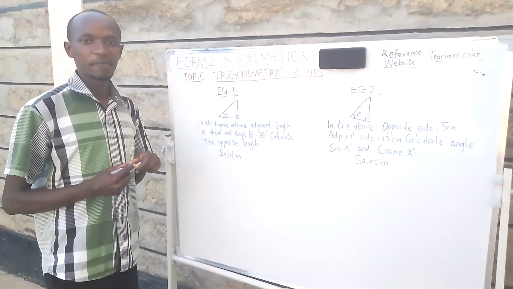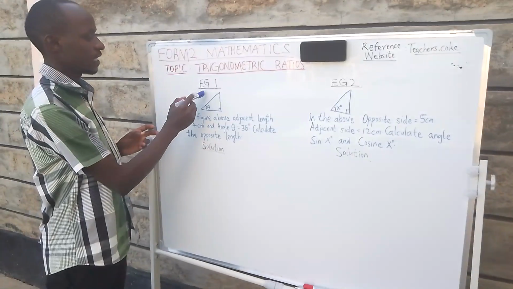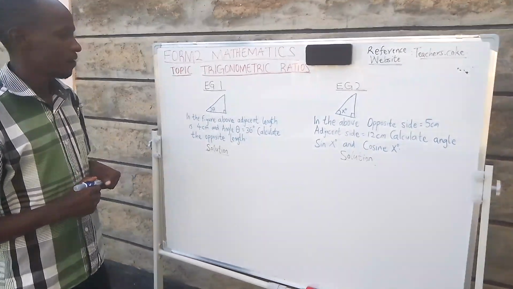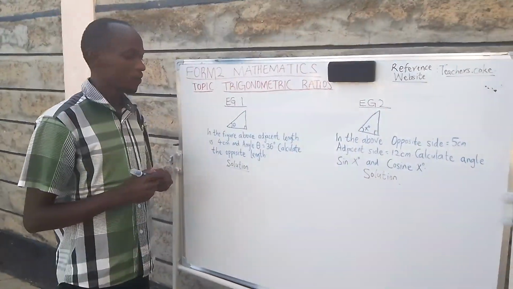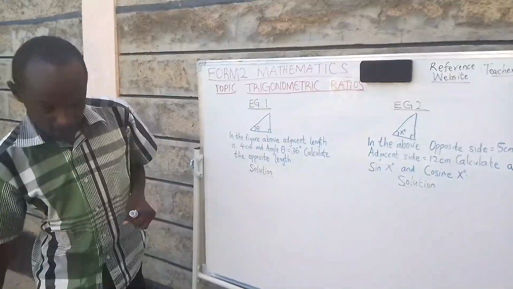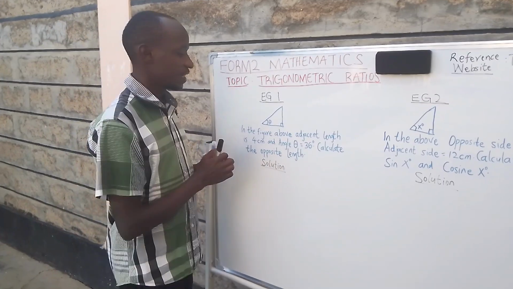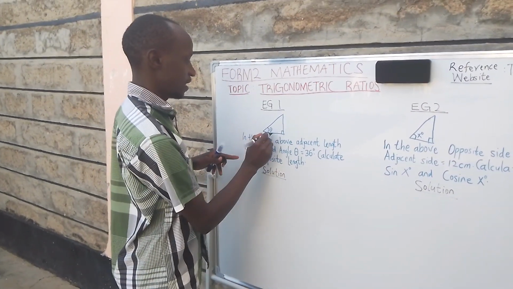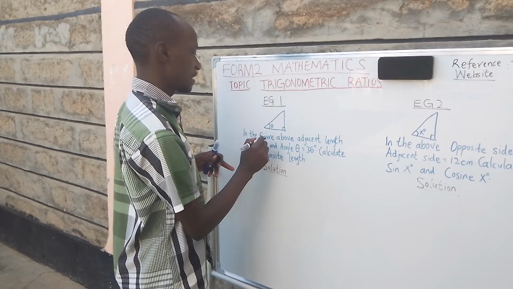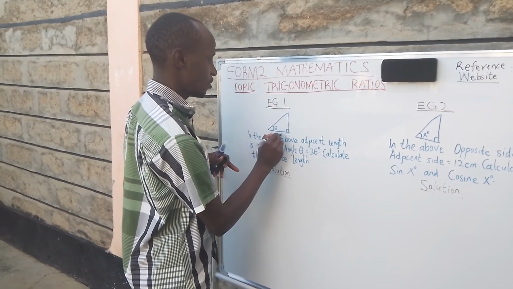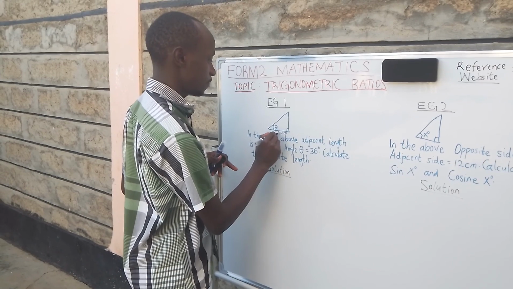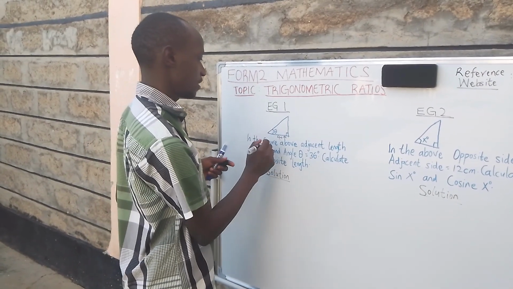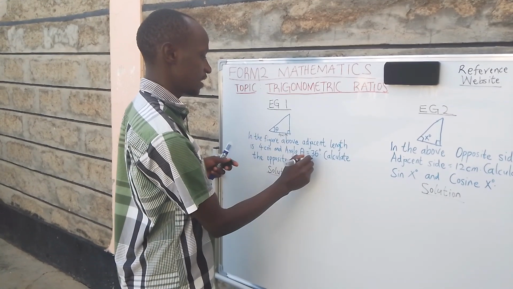We are going to look at the following examples. In example 1, we have been told that in the figure above, the adjacent length is 4 centimeters. As we said earlier, when theta is here, the adjacent side is here down. So the adjacent length is 4 centimeters, and the angle theta is 36 degrees.